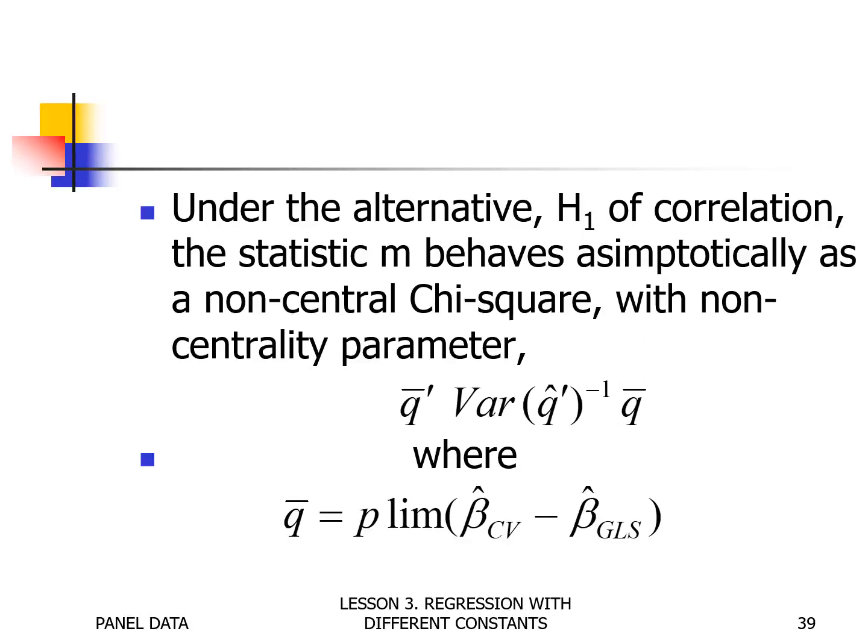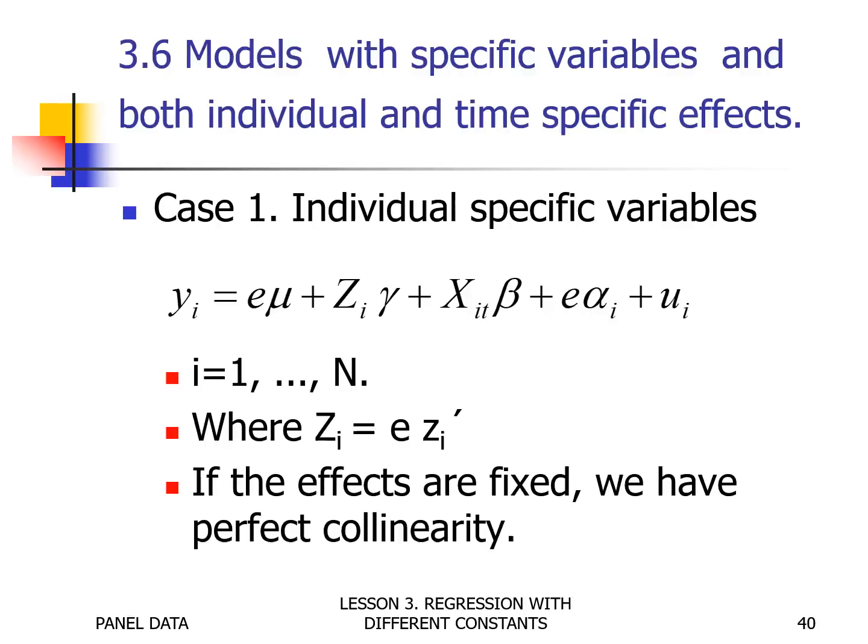The idea also is that under the null, the test would not reject, would have a small value, and that small value would signal that there is no correlation or little correlation between alphas and x's, and therefore the GLS estimator would be consistent and efficient, appropriate for estimation. So that would be the idea.